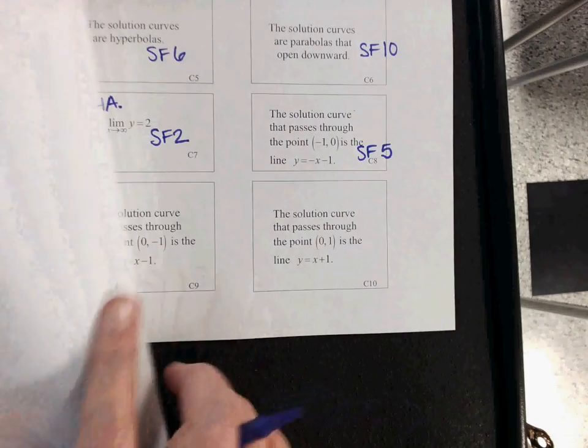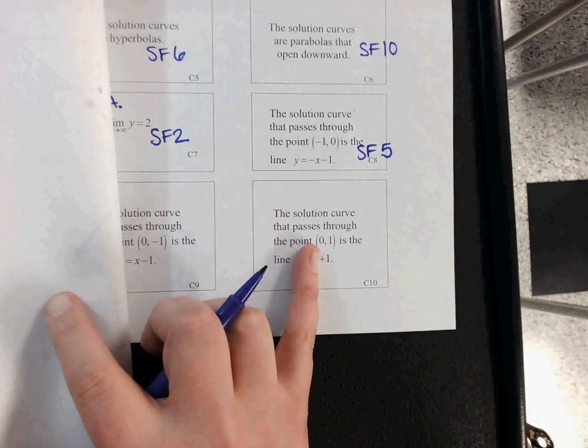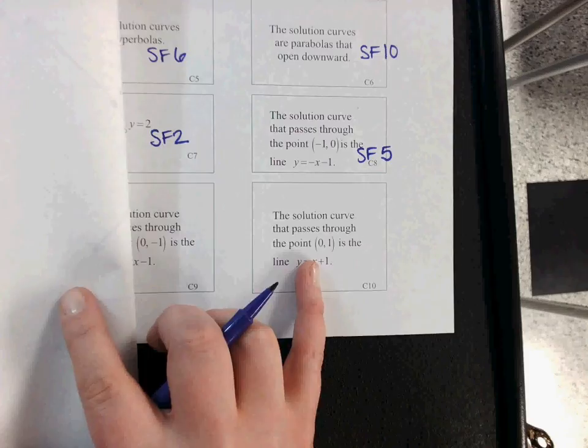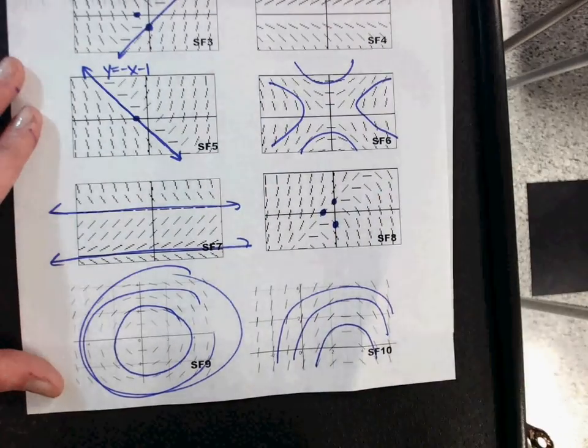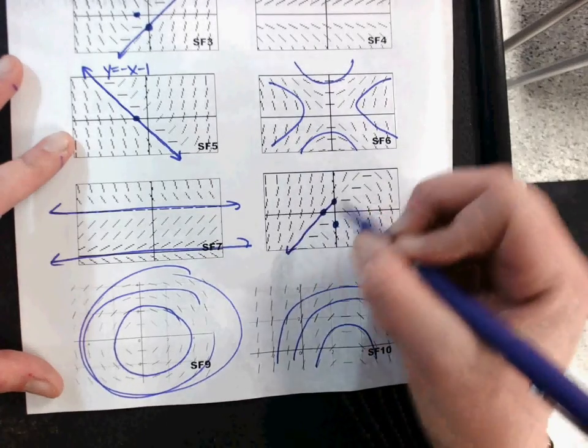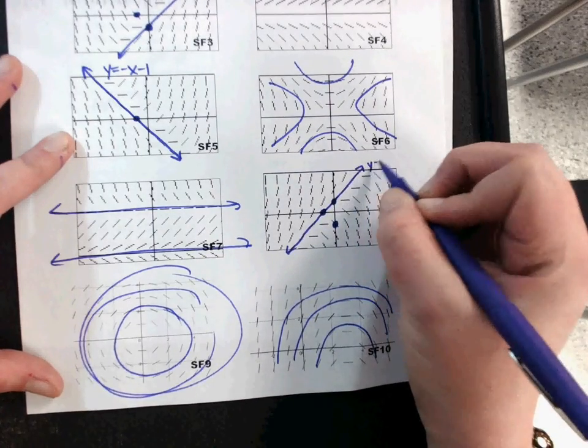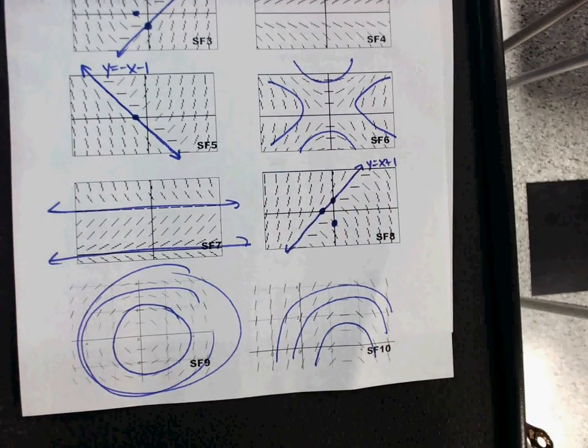Then you have one more left. Look at the last one. It's 0, 1, and it needs to be x plus 1. If I go to this last graph at 0, 1, that puts me right here, and that is y equals x plus 1. Got it? Good.